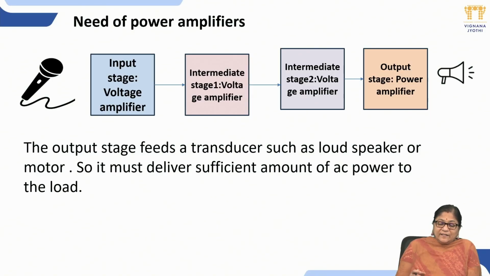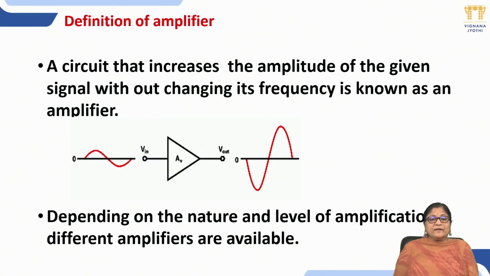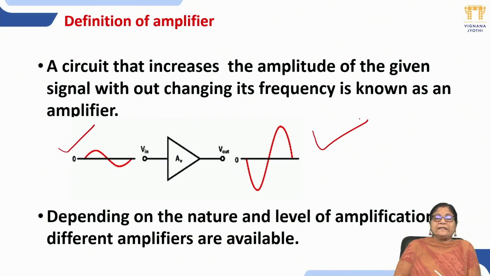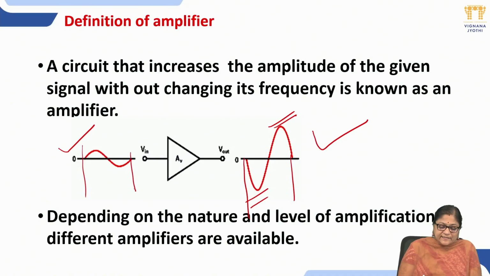Generally, before power amplifiers, we use normal amplification. According to the definition of normal amplification, if you take an input signal, without changing its frequency, we get it amplified only in terms of amplitude. Whatever frequency you are considering, the same frequency appears at the output also.